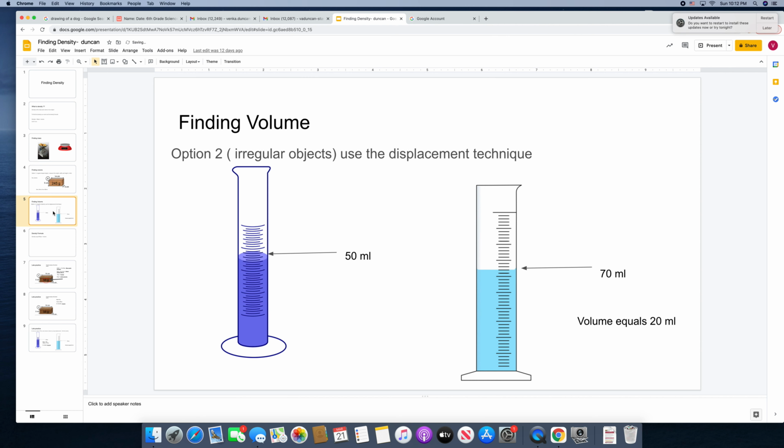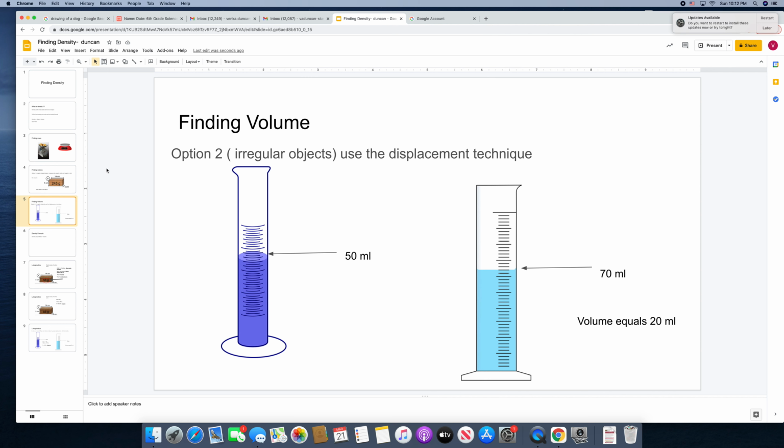The second way is to use the displacement method. This method is used for irregular shaped objects. What do you mean by irregular? Irregular shapes are things that do not have a length, height, and width, such as a rock.